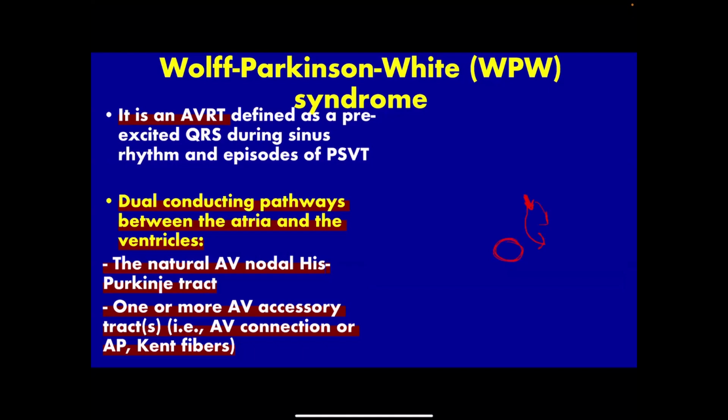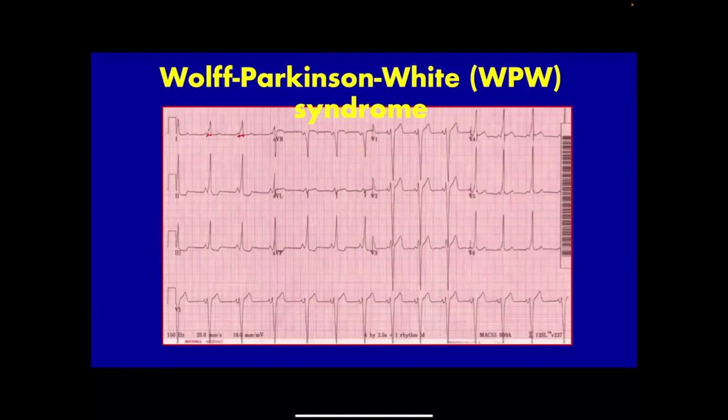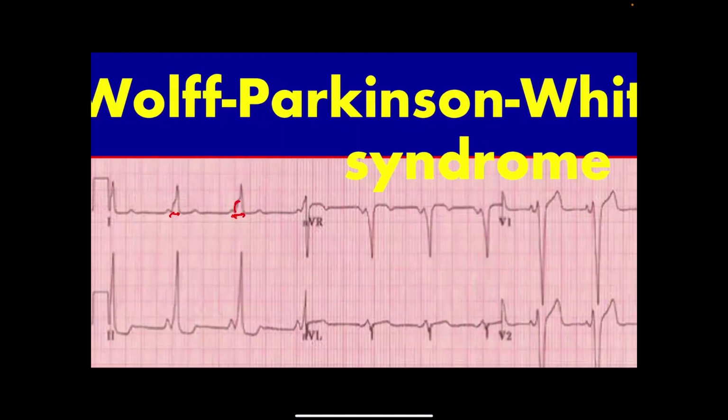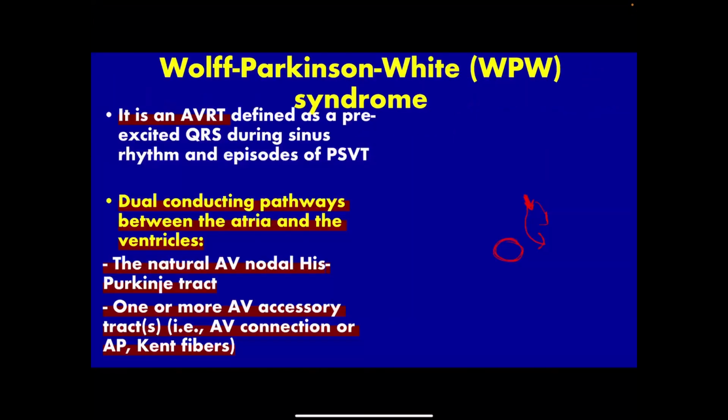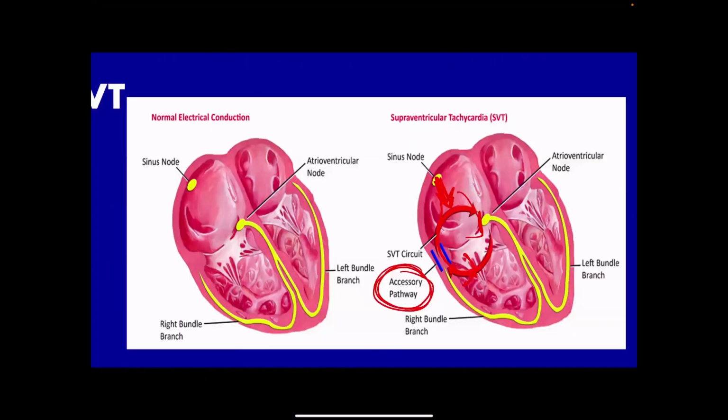That's why you'll see this bulge here, because the PR is really short because there's no AV node delay, because this accessory pathway bypasses the AV node. The impulse goes from the atria straight to the ventricles. That's why the PR segment is now very short. Okay, so this is the accessory pathway.